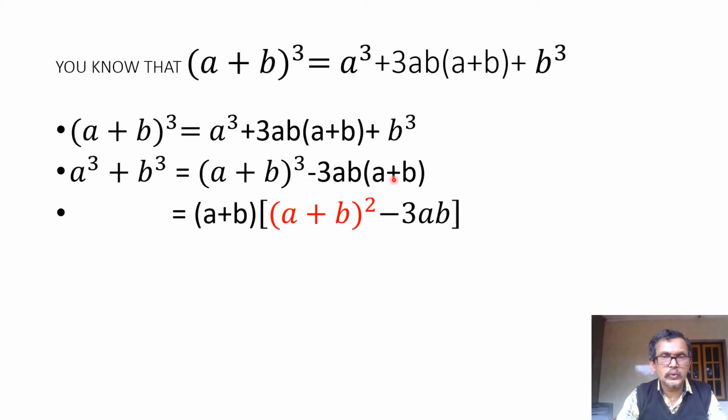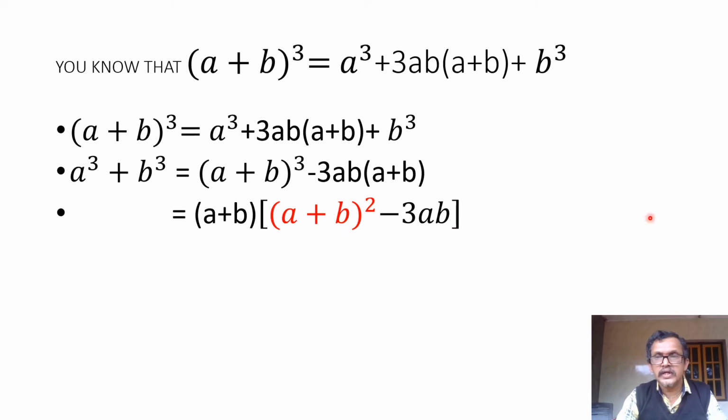Now in these two terms, a plus b whole cube is there, and here a plus b is there. So a plus b is the HCF of these two. Take a plus b common outside. Then a plus b whole squared remains, minus 3ab remains. So a plus b into a plus b whole squared minus 3ab.